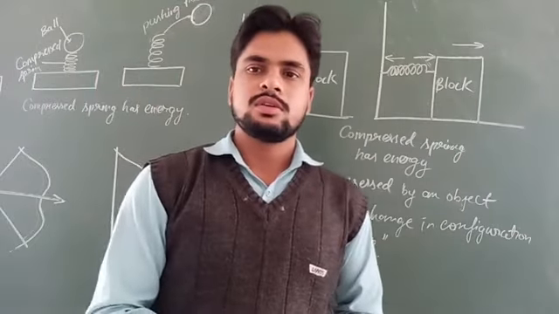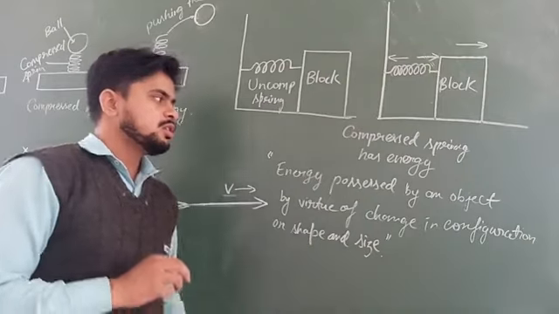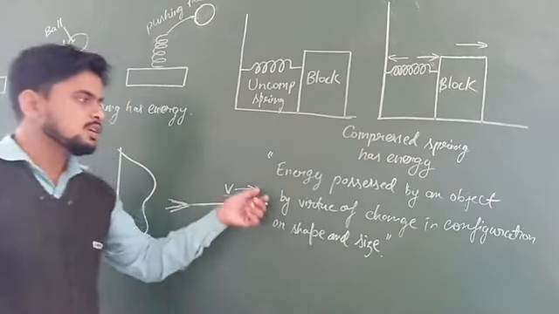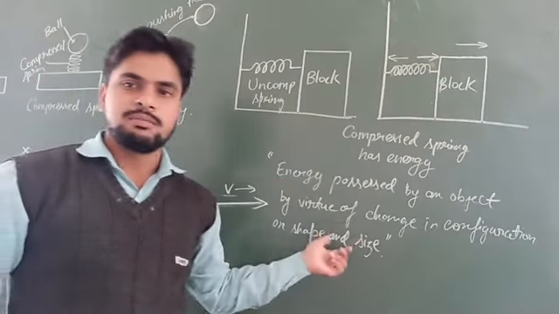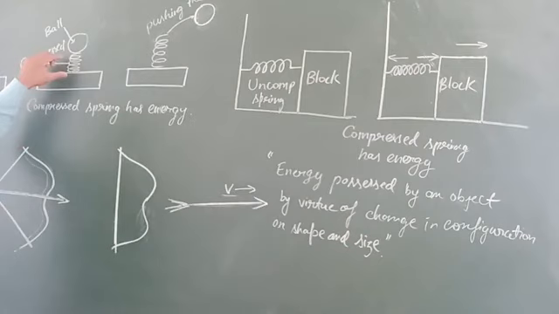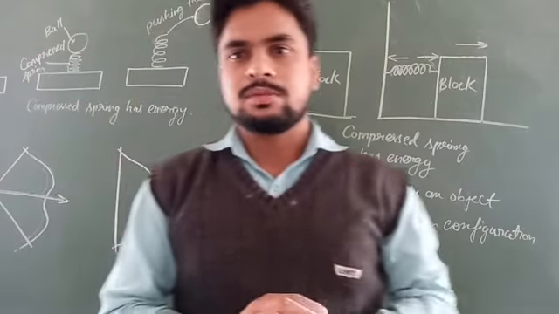Okay students, one more thing that is important for us to understand is how the energy is being stored. Means from where does this energy, means elastic potential energy, come? Here you know that when I compress the spring, then I am doing some work against the elasticity of the object.